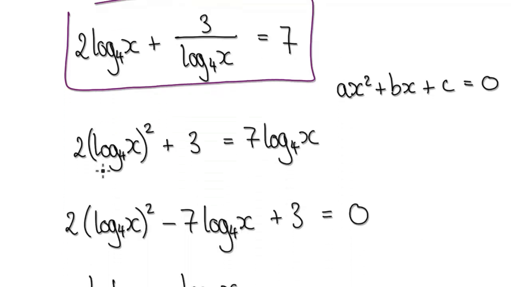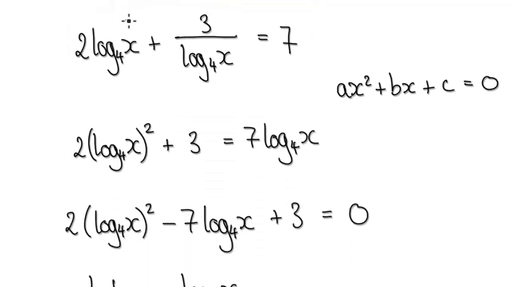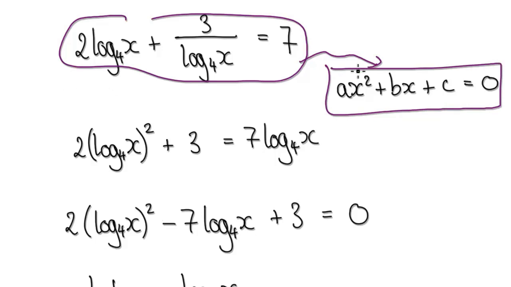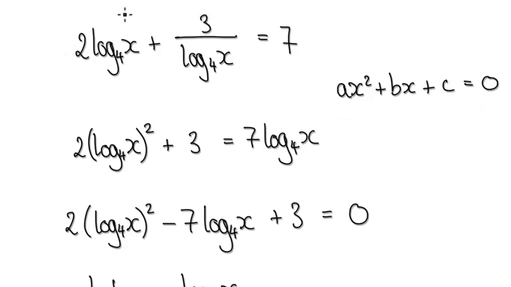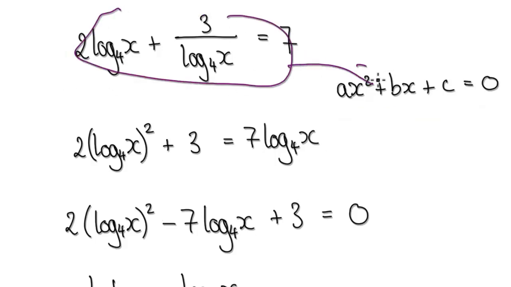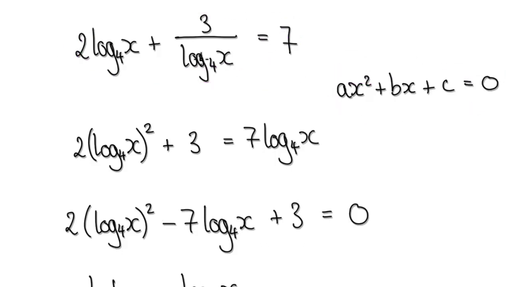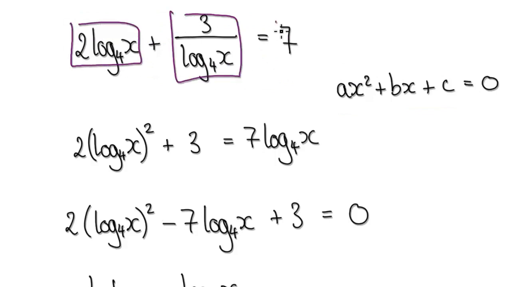Now when you get to this stage, you've got to stare at this for a long time, and after a while you will realize that in order to solve this, it is a bit like solving a quadratic. You got to somehow convert this into this, because looking at this, you've got 3 blocks, 1, 2, 3.